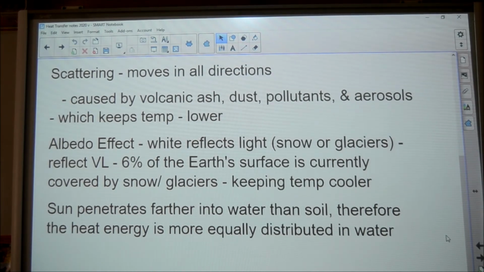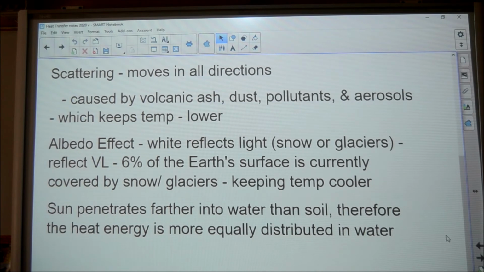So snow or glaciers are going to reflect the visible light. 6% of the Earth's surface is currently covered by snow or glaciers. It's going to keep the temperatures cooler. Here's our problem. With climatic shift, the higher latitudes are actually warming up. So that means we're having more snow melt or more glaciers melting. As we have more of that melting, our albedo effect is going to go down. So with that, we actually are going to warm up even more.